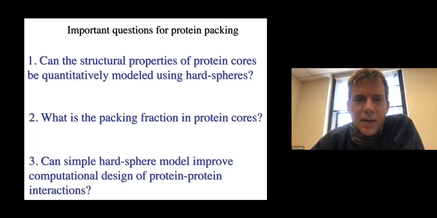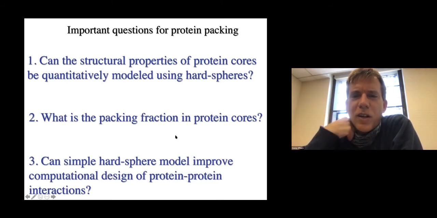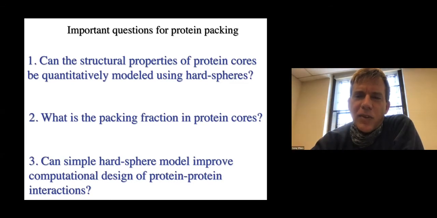So again, I repeat these questions. Can the structural properties of protein cores, and I'm specifically talking about the side chain dihedral angle distributions of core residues, be quantitatively modeled? So if you have a core residue, do you know exactly where the side chain is? Can it be modeled using just a very simple force field?